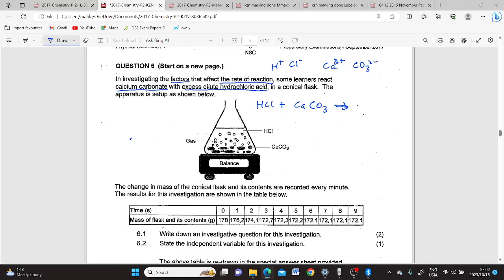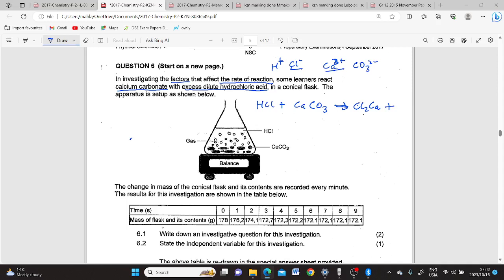So the one with negatives will come to this one. So we're going to have CaCl2. Because the calcium will need two chlorines, they will come here, plus, now what do we have here?